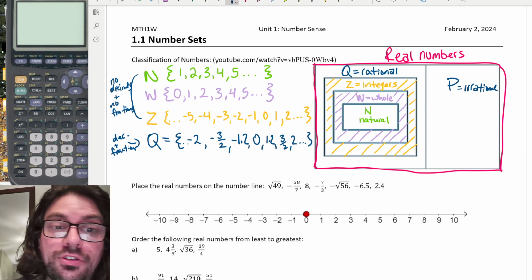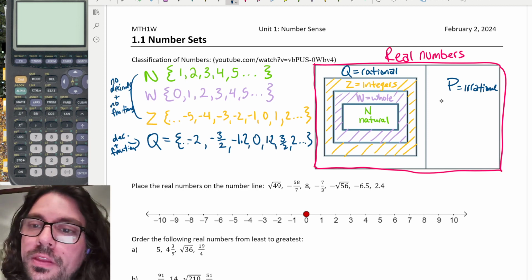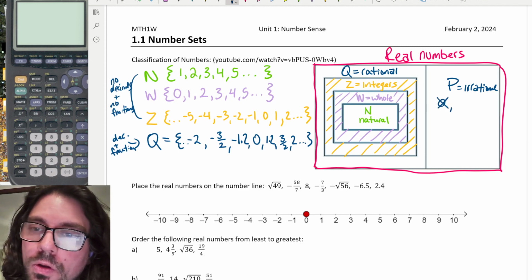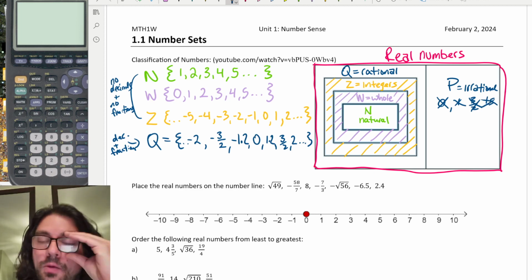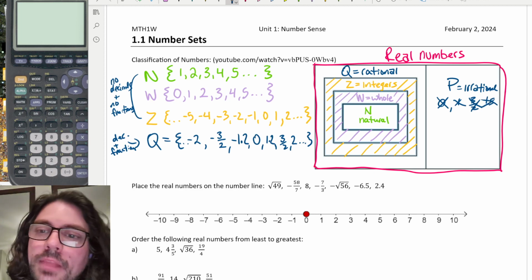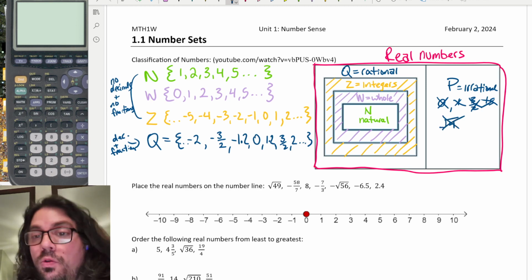And then the irrational numbers are a whole different thing, because here we can't have 0 or 1 or 3/2 or 1.5, nothing like that. We couldn't have, say, the square root of 4, because the square root of 4 is just 2.